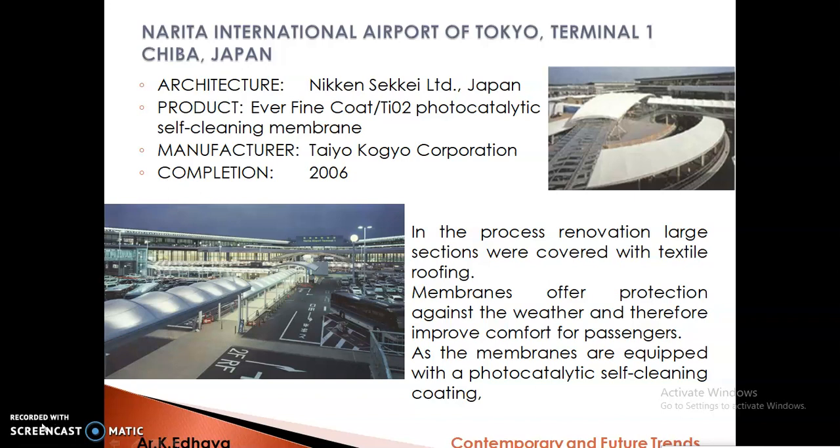These membranes offer a lot of protection against weather. To improve the comfort of the passengers below, the places have to be comfortable. So they have used this photocatalyst self-cleaning coating so that the membrane stays clean and good lighting penetrates inside, and you have very good comfort beneath.